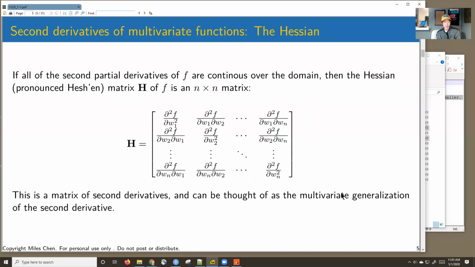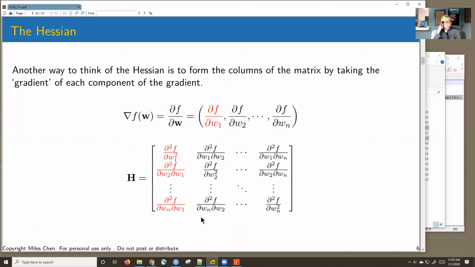If we ask for the second derivative with respect to a vector, you get a Hessian matrix. The gradient of f with respect to w is a vector, and each component is a partial derivative.